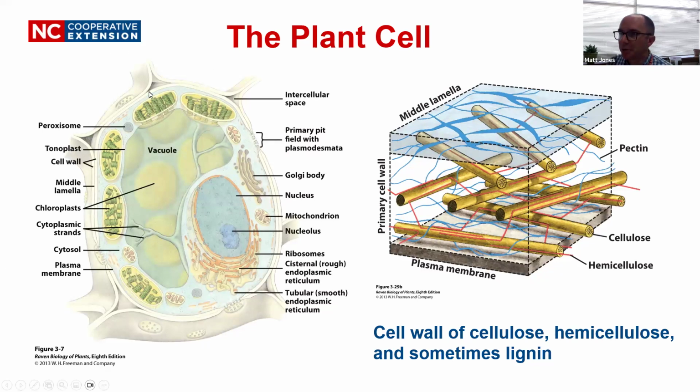So again, I don't want to induce PTSD from 10th grade, but just a broad overview of cell structures. The internal structure of plant cells has many similar components that you would find in animal or fungal cells. There's a nucleus where DNA is stored. Genes get expressed as proteins that get modified in some other components of the cell called the ER.